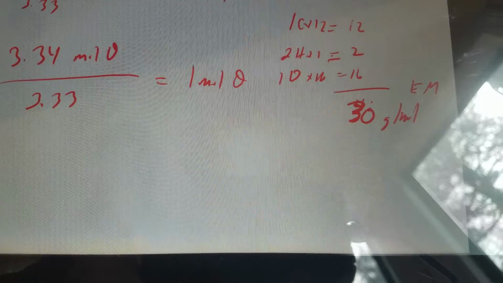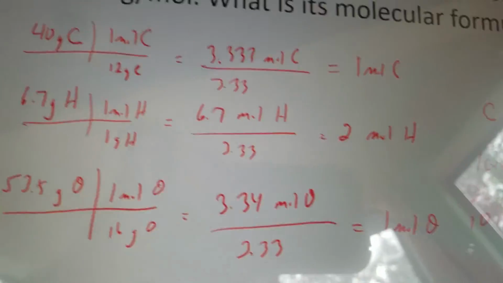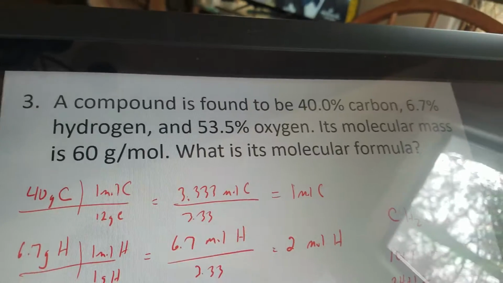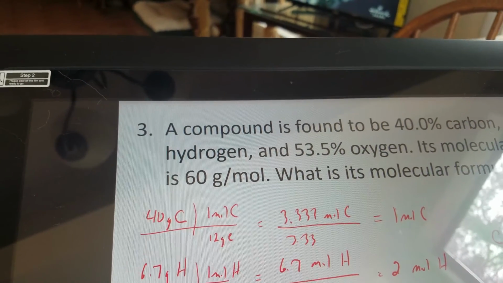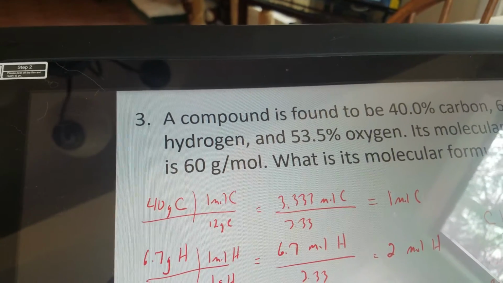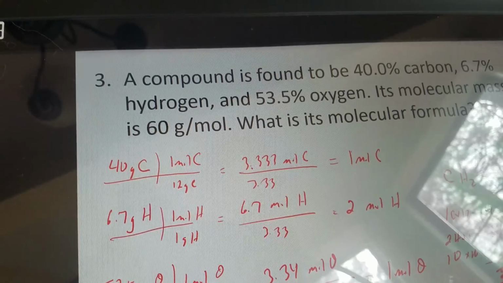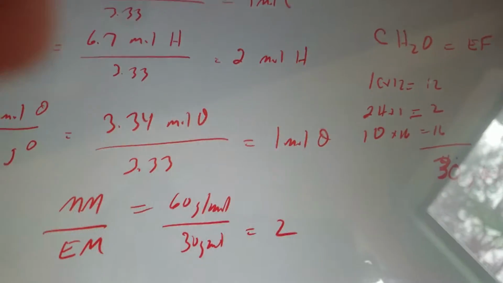Once I get the empirical mass of my empirical formula, then I want to compare that to the molecular mass, which they need to tell me in the problem. So it says its molecular mass is 60 grams per mole. So I'll take my molecular mass, divide it by my empirical mass that we just solved for. That's going to give us 2.